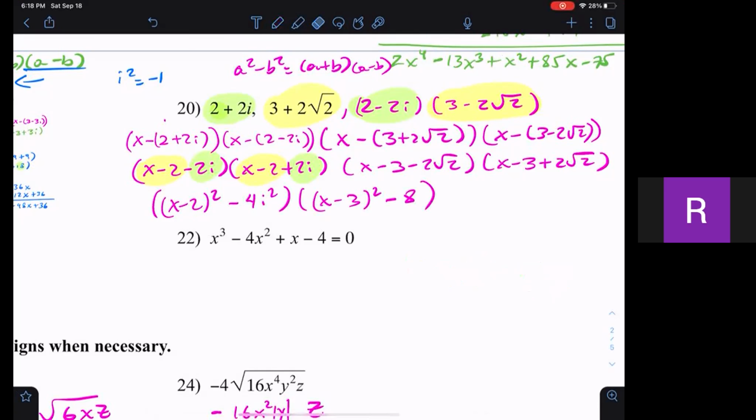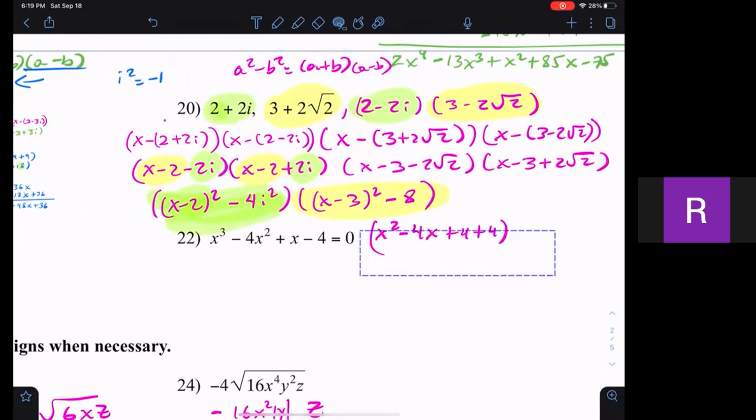Now we need to simplify further, right? So that's going to be x squared, and I'm working with this, x squared minus 4x plus 4. And i squared is negative 1, negative 1 and negative 4 is positive 4. That's the parentheses here, right? And then I need to do the other one, this one right here now.